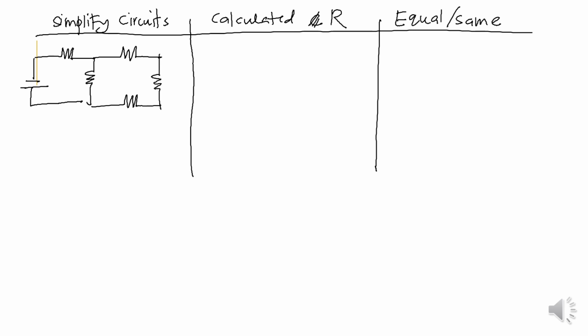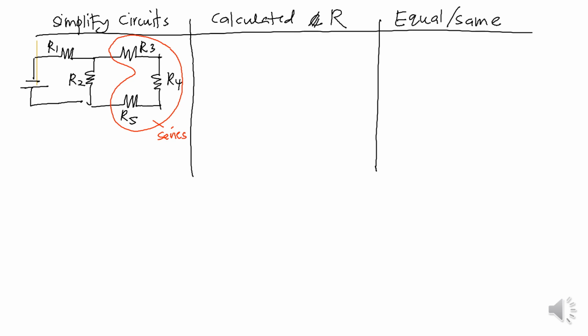Okay, so ini adalah R1. Labelkan R1, R2, R3, R4 and R5. Okay, first sekali kita selesaikan yang ini. Okay, so ini disambung secara series.